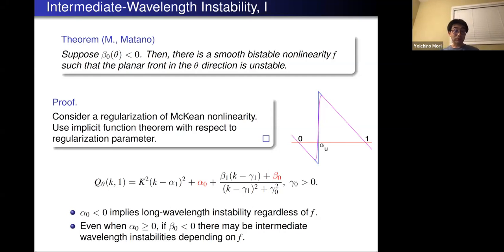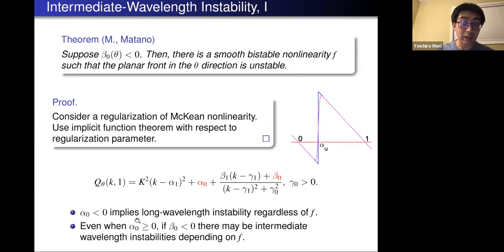So what have we shown so far? What does this tell us then? First of all, our previous results show that if alpha zero is negative, then this implies long wavelength instabilities regardless of my choice of the details of the bistable nonlinearity f.